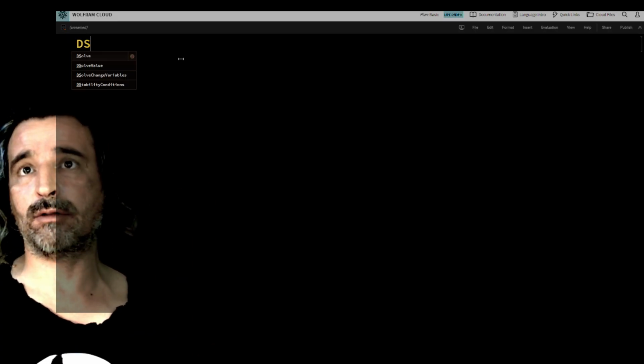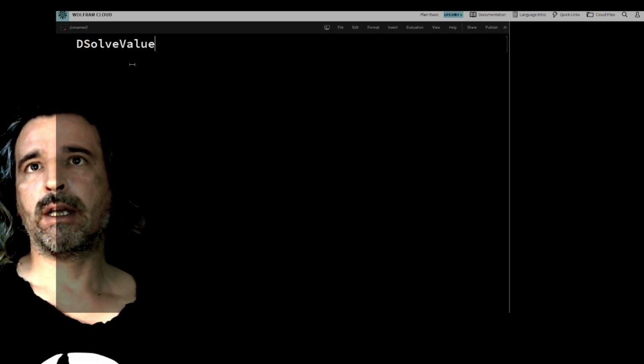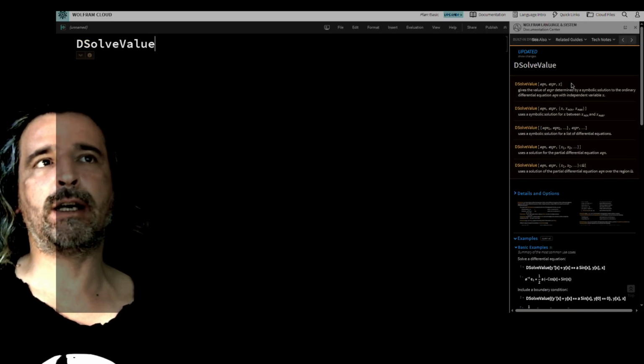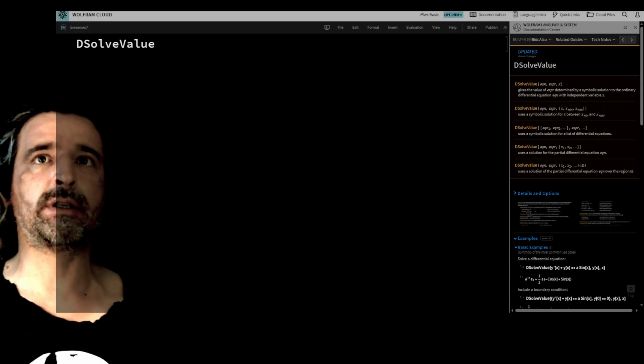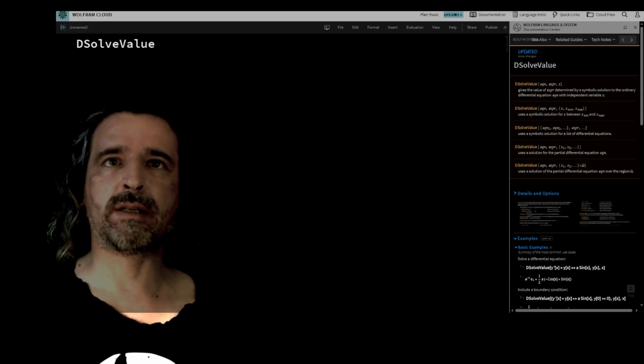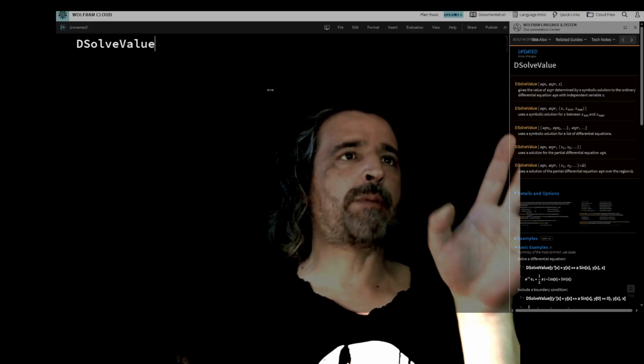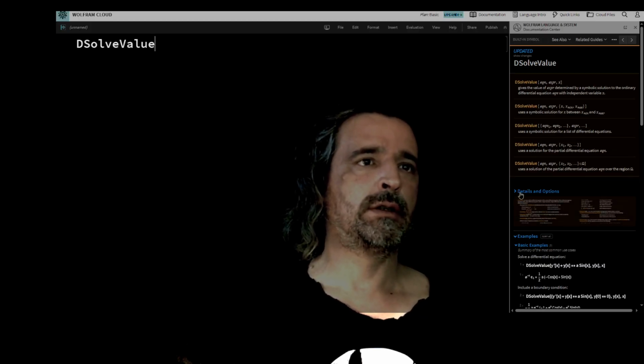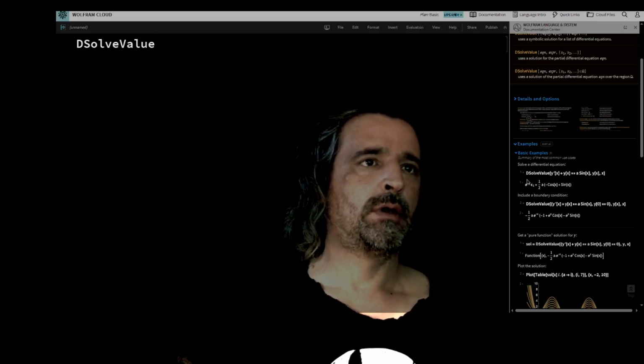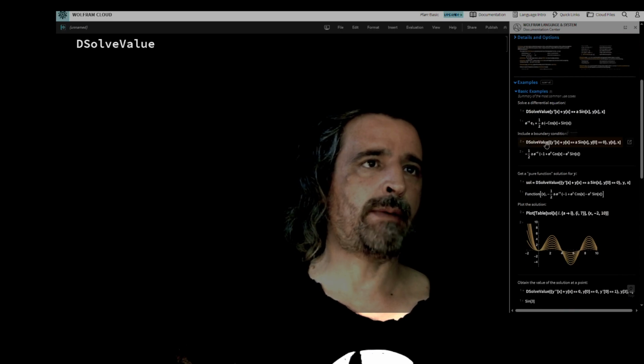So I'm going to start writing this solve value, this equation. And you can see if you click the little i in the corner over there, and maybe I can place myself entirely in the middle, in this corner here, it will appear some instructions, right? Details and options, examples. A bunch of examples.